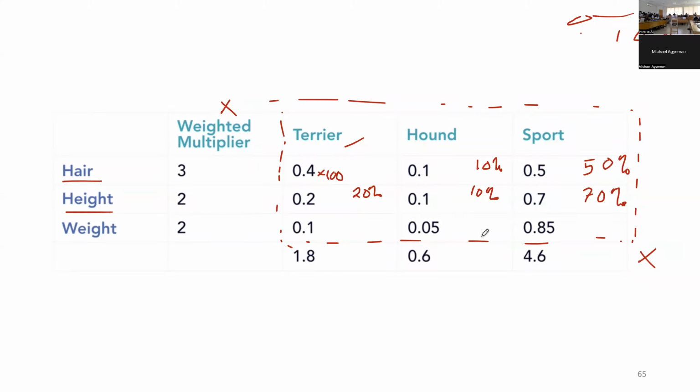Okay, thank you. Right, so then we'll do the same for the weight. In this particular case, we've got 10% chance, 5% chance, and also about 85% chance. But we should note that this is based on the predictors that we have provided.